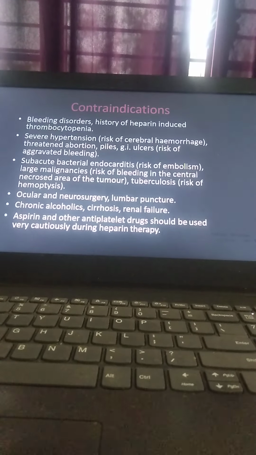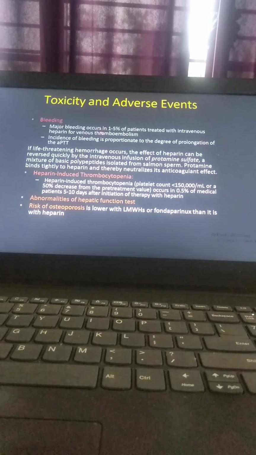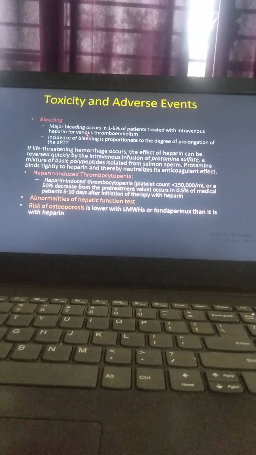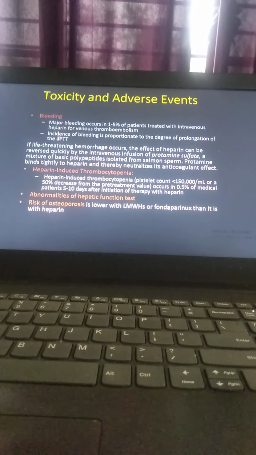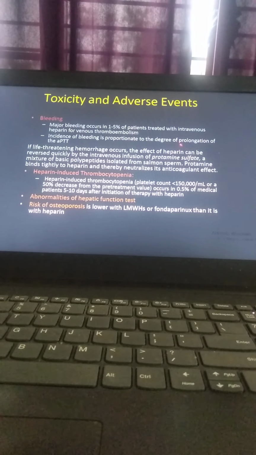So we have to look at the toxicity and adverse effects. Bleeding. Major bleeding occurs in 1 to 5% of the patients treated with intravenous heparin for venous thromboembolism. The incidence of bleeding is proportionate to the degree of prolongation of the APTT, activated partial thromboplastin time.